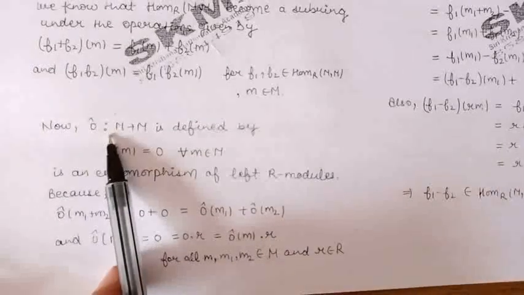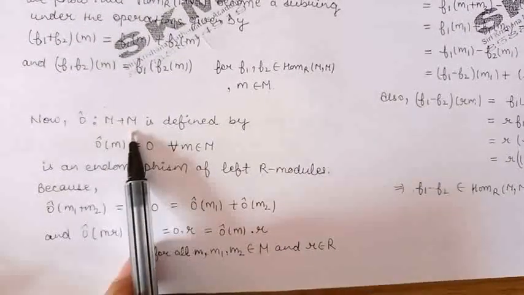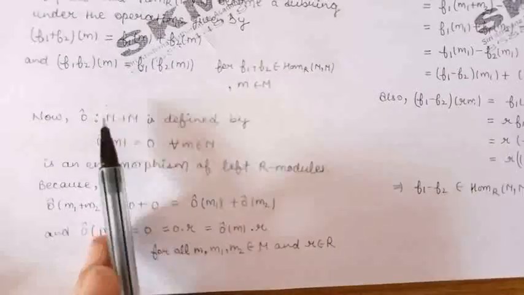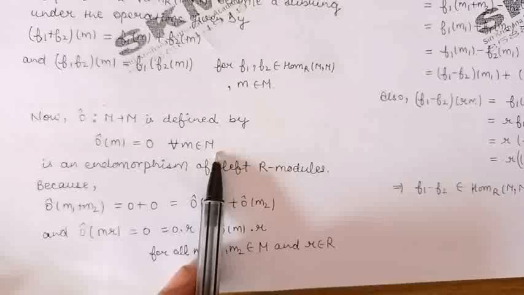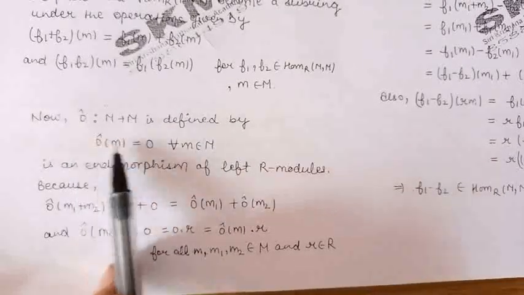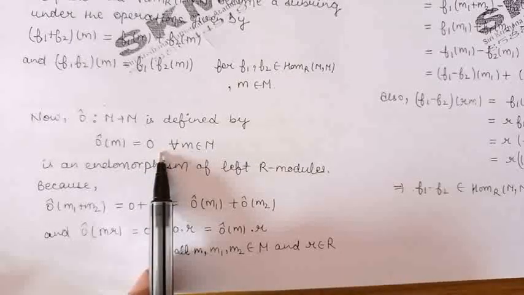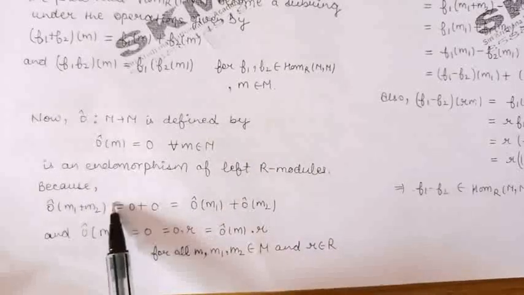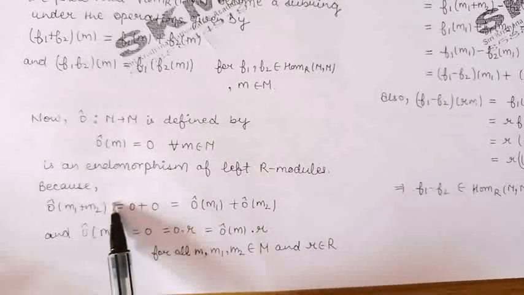So let us define the zero mapping from M into M by taking an arbitrary element m belonging to M, and we define its image under this mapping to be 0. Now you can easily verify that this is a homomorphism of R modules.